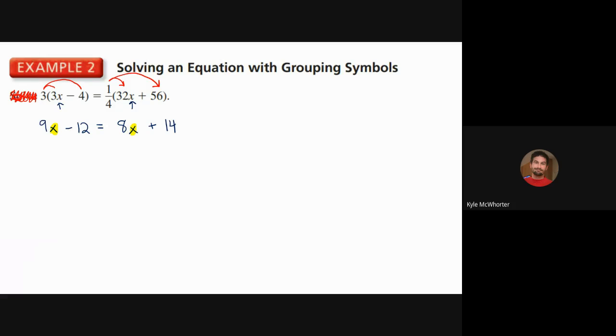So 8x, 8 is less than 9. So I want to get rid of the 8x off of the right side. This is a positive 8x being added to 14. So to get rid of a positive 8x, we would need to subtract 8x from both sides. So subtracting 8x once on the right side of the equal sign, subtracting 8x once on the left side of the equal sign.